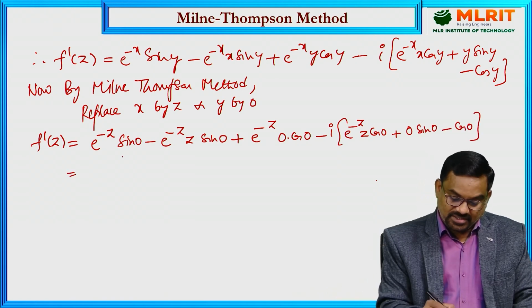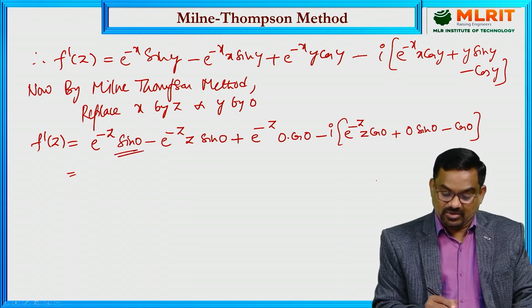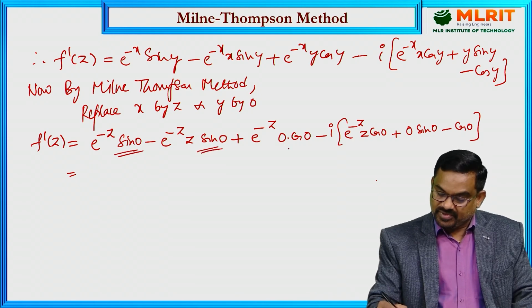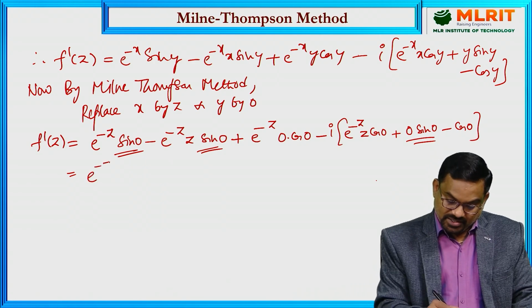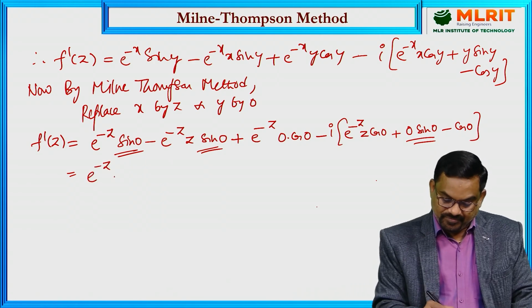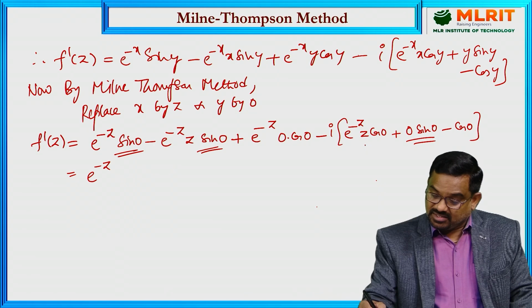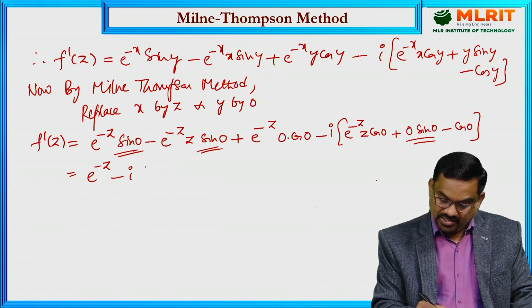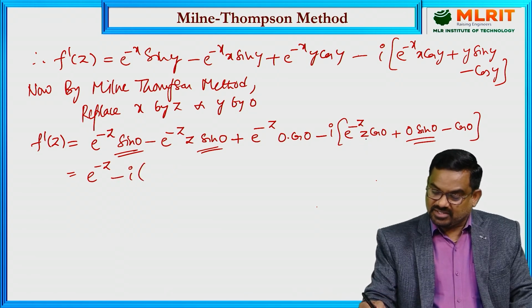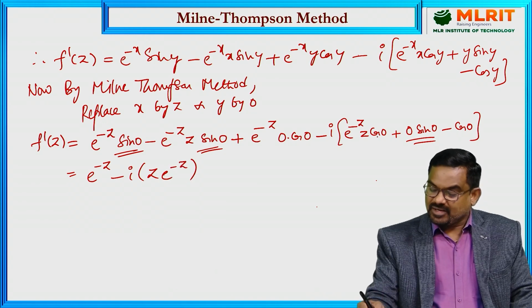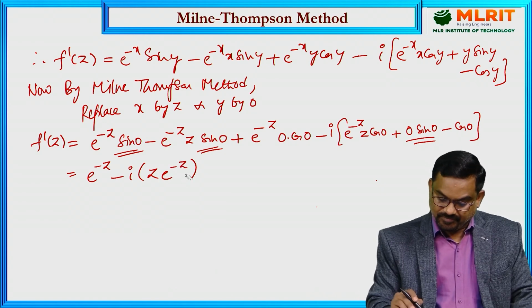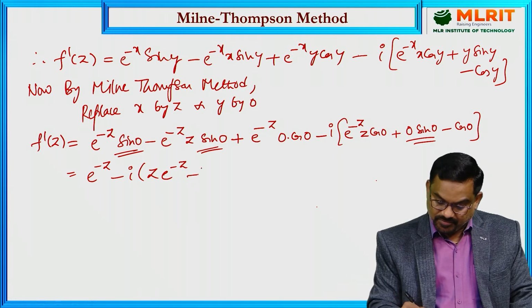Let us simplify this. Sin 0 is 0. So, this term is 0 and again this is 0. So, e power minus z into cos 0 is 1, minus here i into e power minus z. So, z e power minus z, cos 0 is 1, minus 1.